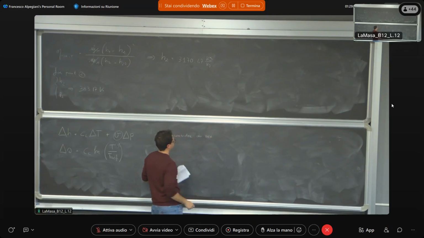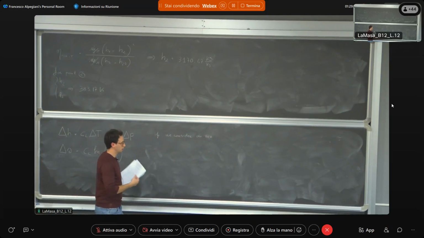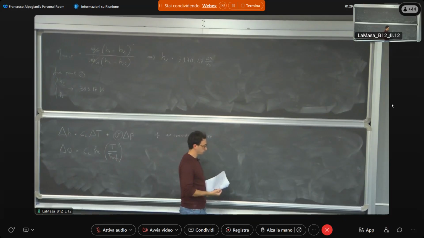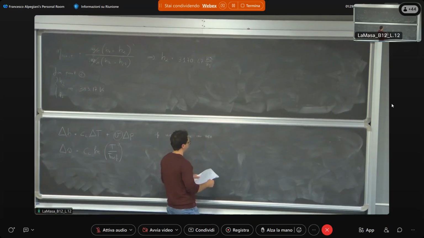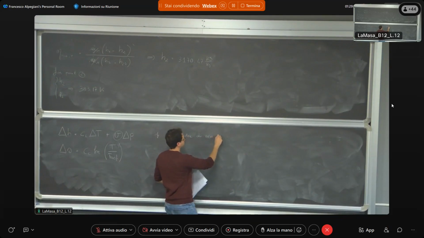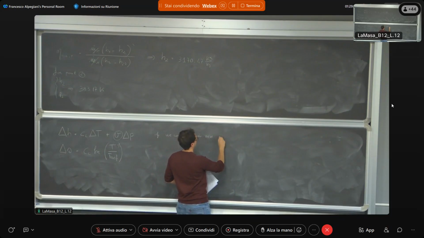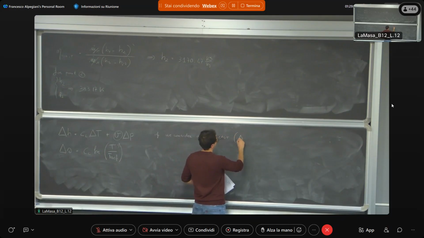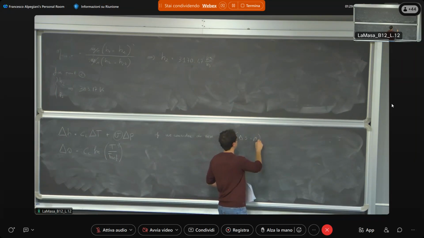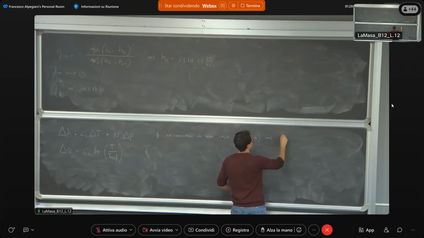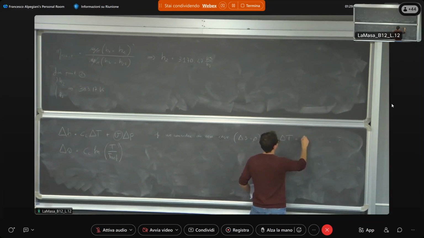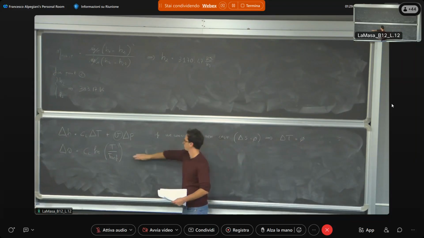The objective is always to consider firstly an ideal compression of the fluid, and then with the hydraulic efficiency evaluate real thermodynamic properties of the cycle at the outlet of the pump. So if we consider an ideal case in which delta S will be equal to 0, we can say that also the delta T will be equal to 0, from here.